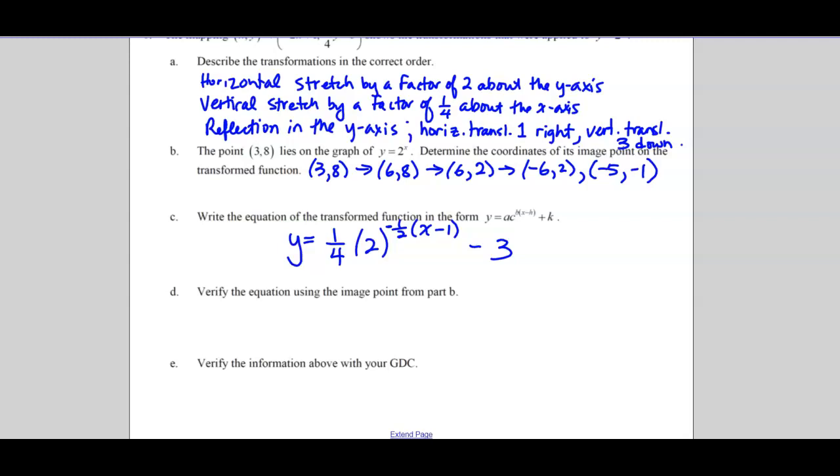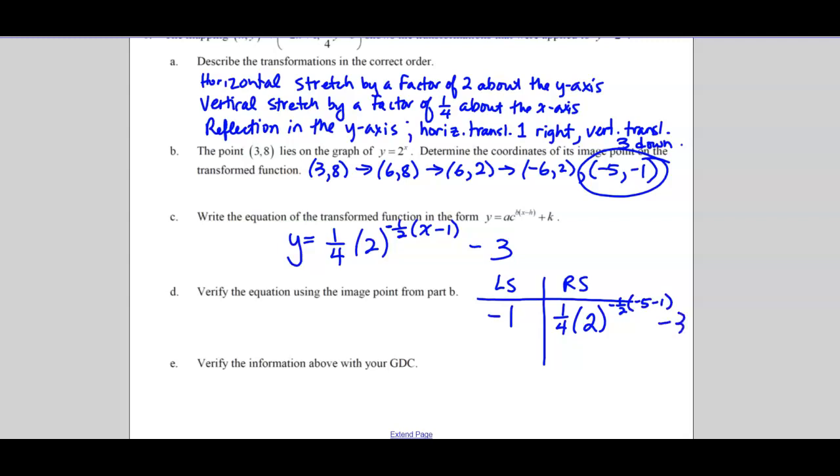Okay, verify the equation using the image point from B. So we said here that -5, -1. So that means my left side would be -1. My right side would be 1/4 times 2 to the -1/2 times -5 minus 1, minus 3. And evaluate that. So 1/4 times 2 to the exponent.